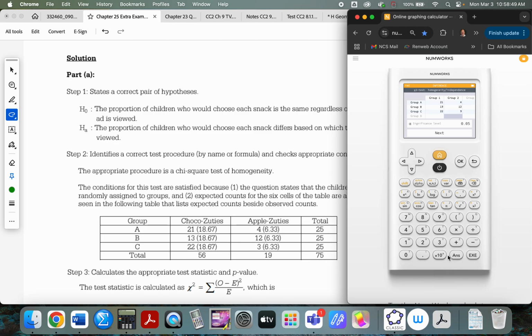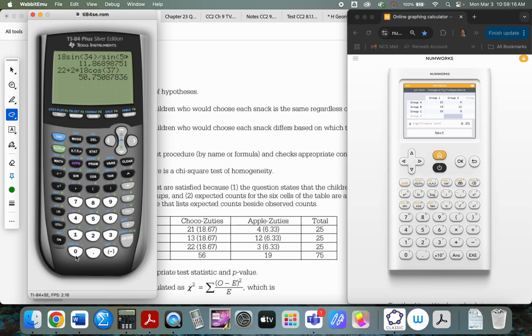This is what I was talking about when I gave you the expected values earlier. Yes. And Ariel, I said I'd forgotten about the expected values thing. When you perform the test on the TI, if you go back to matrices, there's one at the end that will give you expected. Here, let me show you.